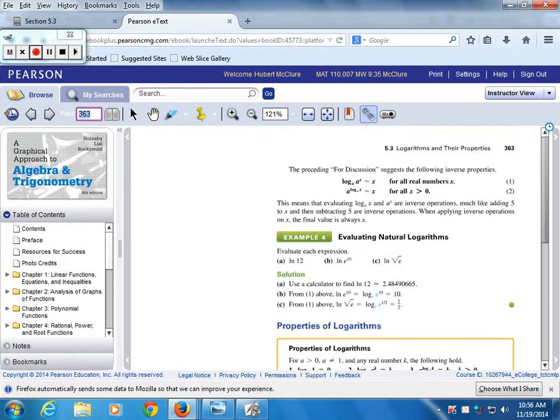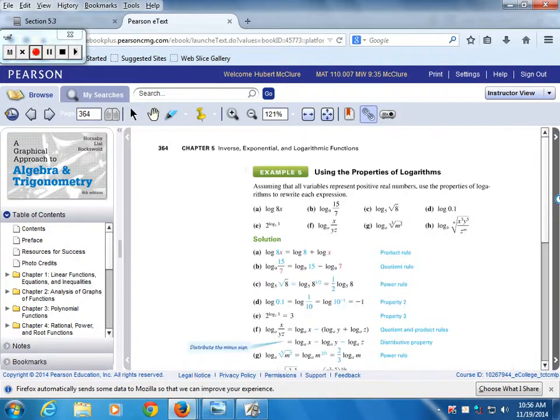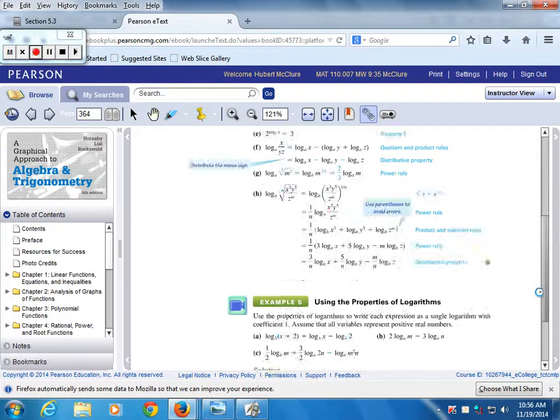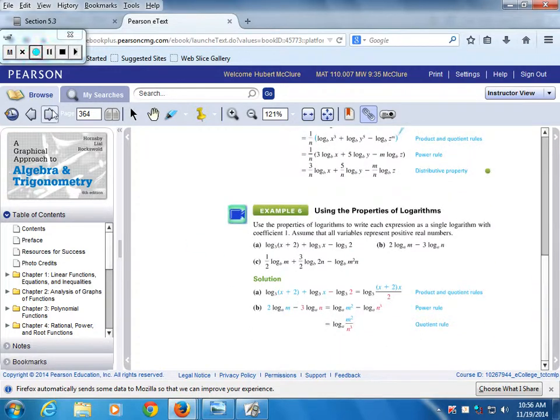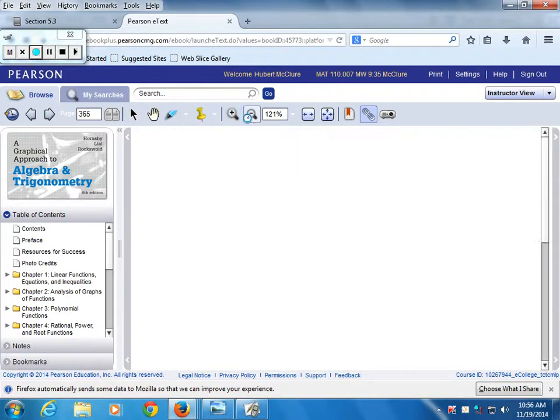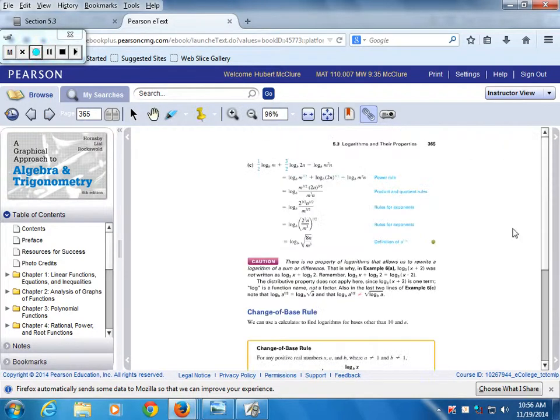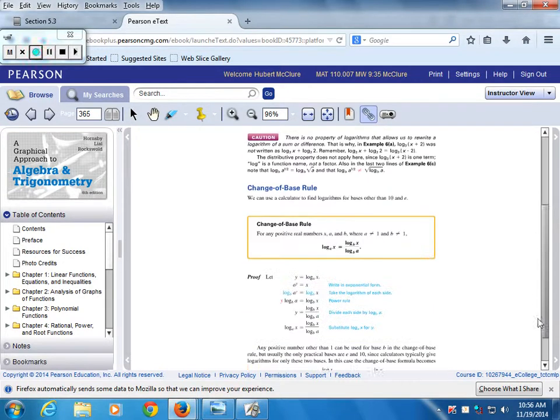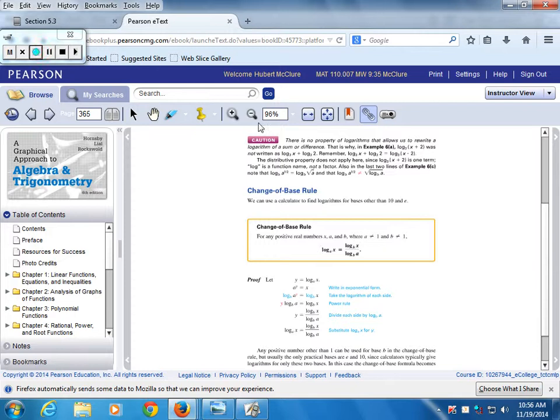It's not there. Nope. Can you search it? It's in this section or somewhere. There it is. 365. Let me blow it up. Hold on.